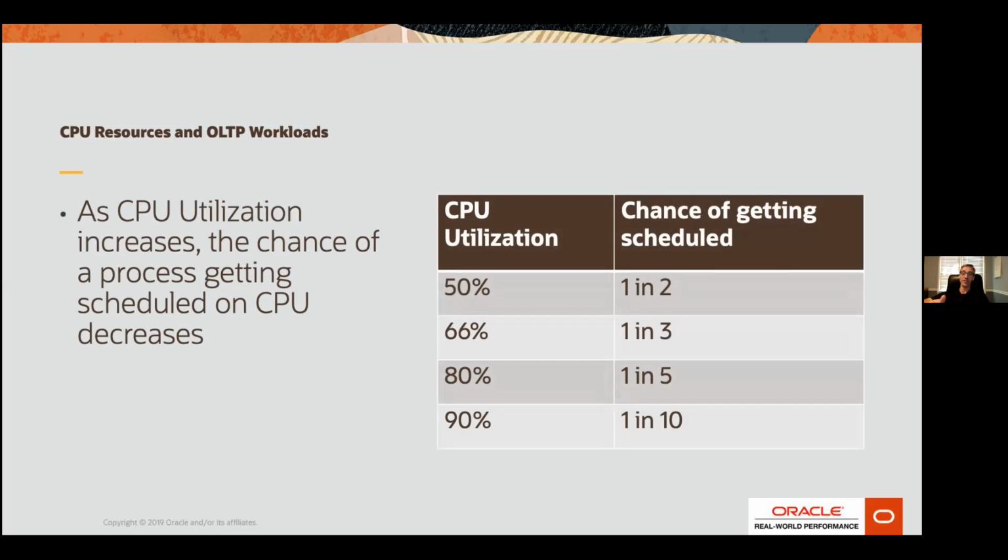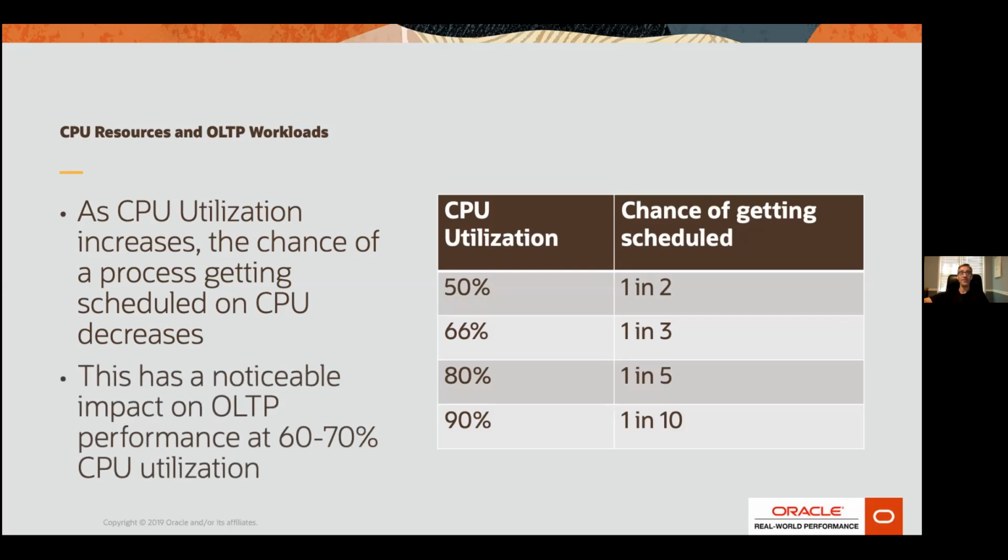Half the time it'll get on CPU right away, half the time it'll have to wait. And as our CPU utilization increases, that chance of getting scheduled decreases. You can see at 80% CPU utilization, now when I send a request to the database, my process only has a 1 in 5 chance of getting scheduled right away. So that means 4 out of 5 times it's going to have to wait. And that has a noticeable impact on OLTP workloads.